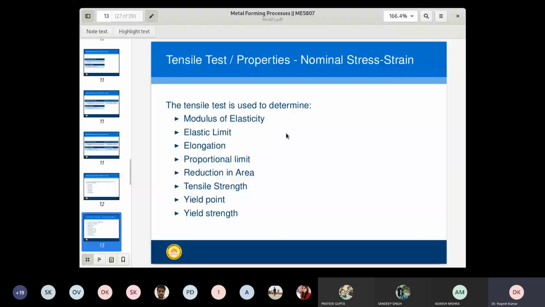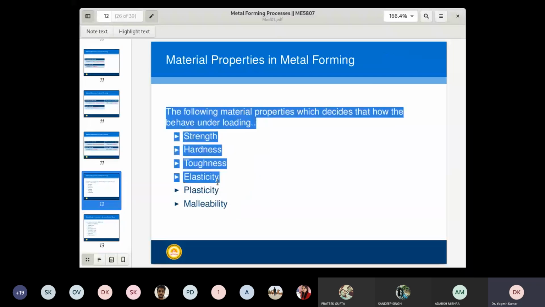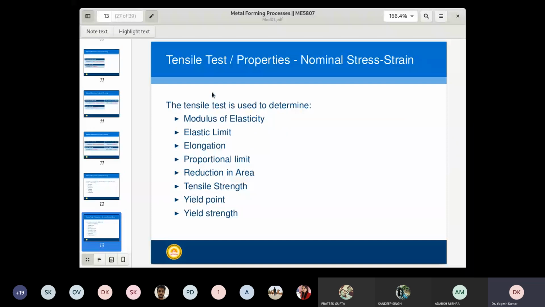You might be aware of how we are going to study these properties. We have one test which is normally known as the tensile test.